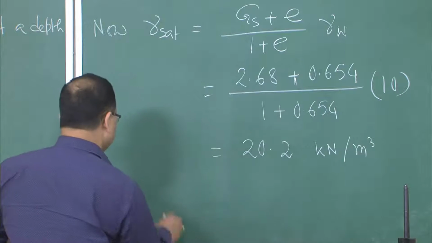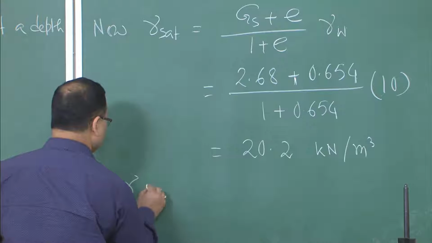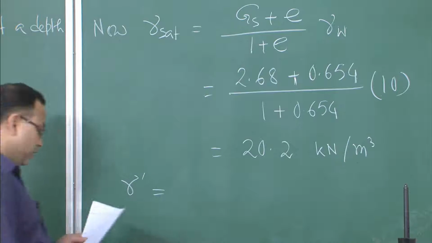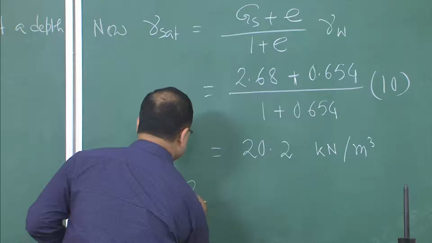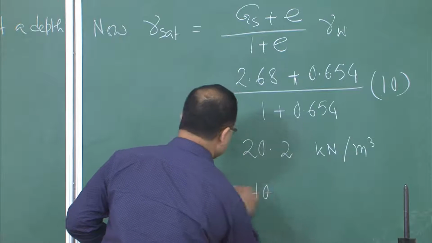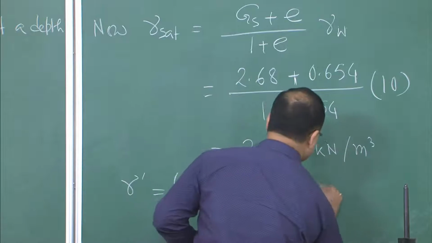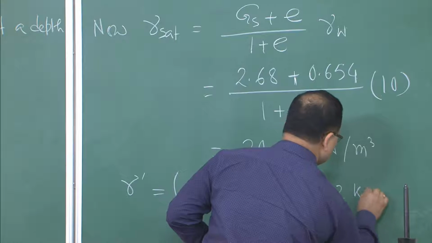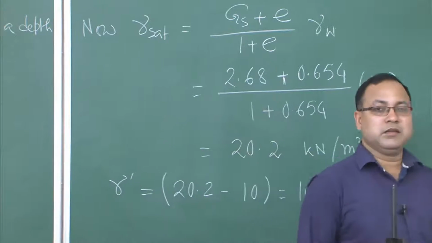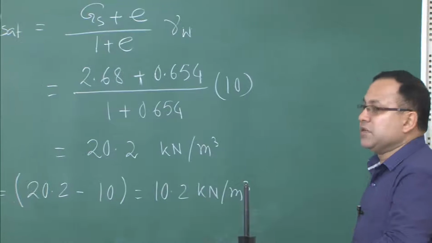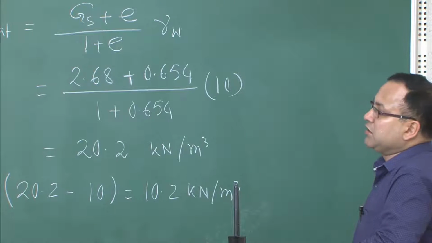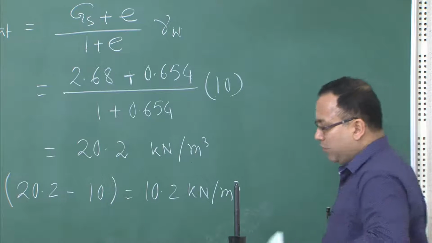Therefore, gamma submerged, gamma prime, is nothing but 20.2 minus gamma w, that is 10.2 kilonewton per meter cube. So, we have got all the necessary parameters: gamma saturated, gamma prime, that is gamma submerged, and gamma d, of course, which is given in the problem.